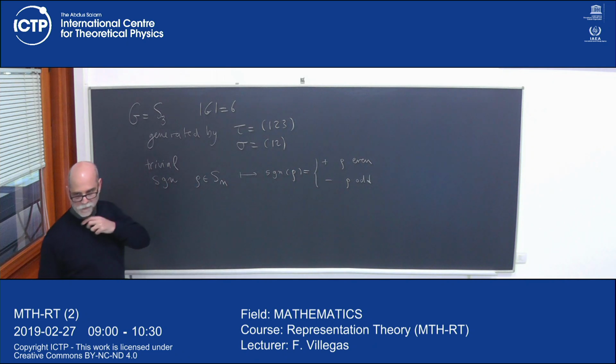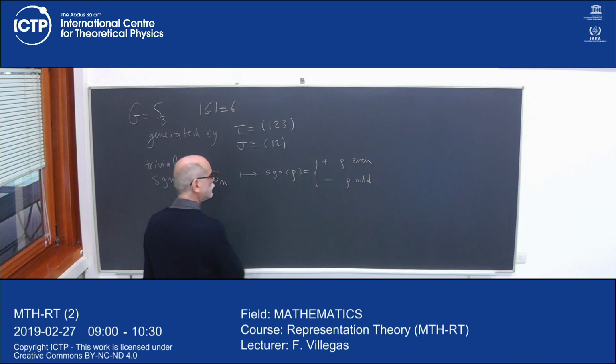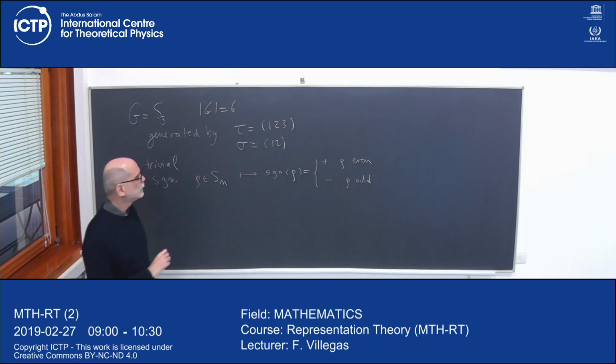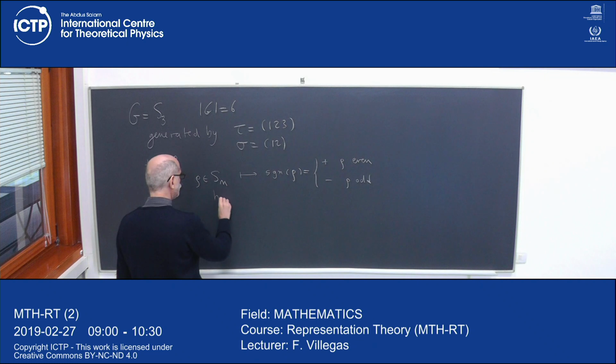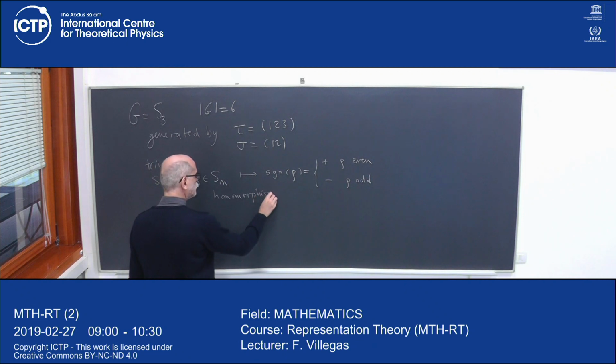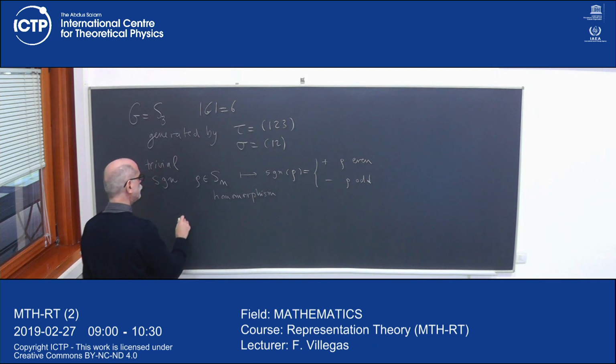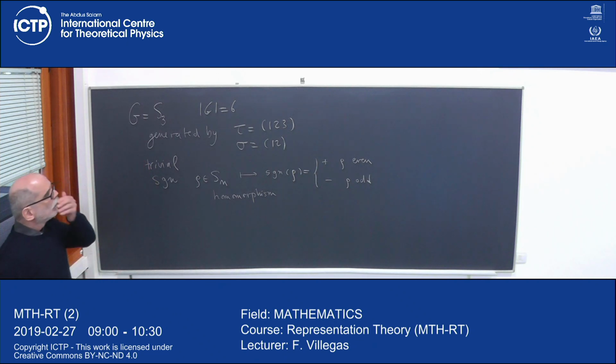This is a homomorphism, right? The sign of a product of permutations is the product of signs. So indeed, this is a one-dimensional representation. And these two, the trivial and the sign, exist for every n.